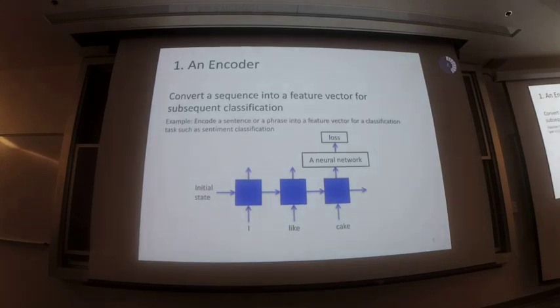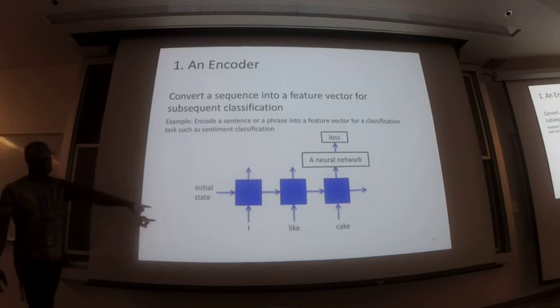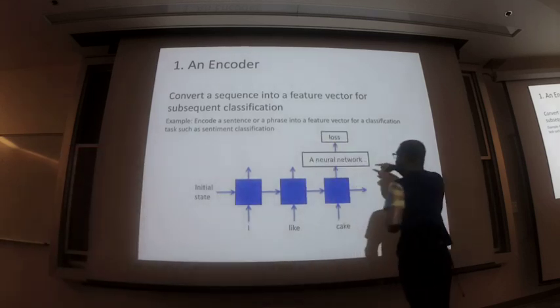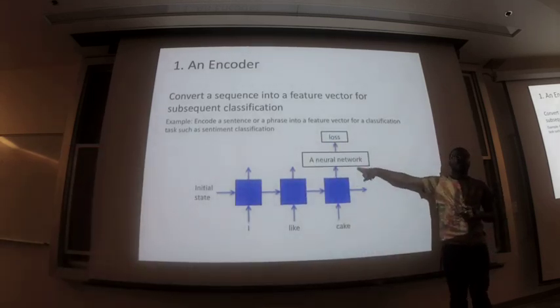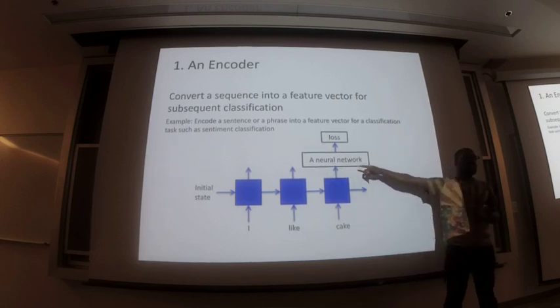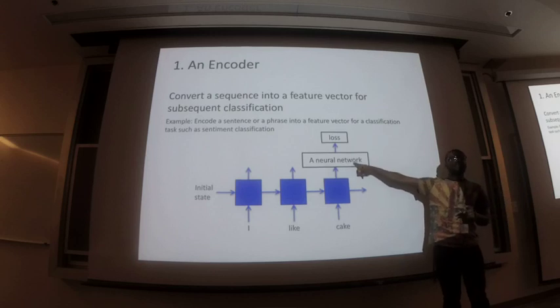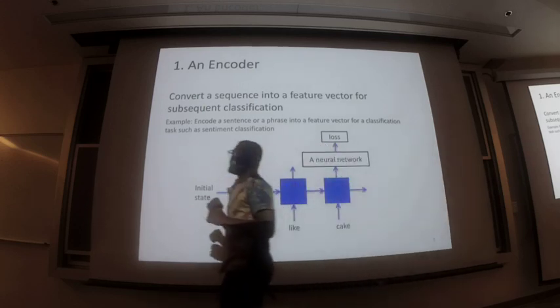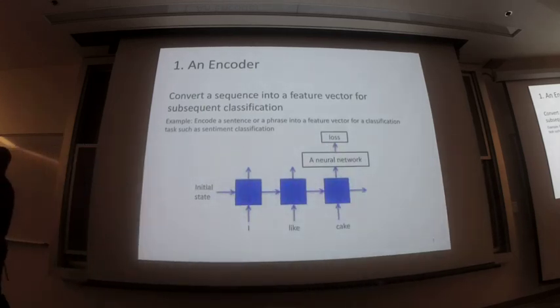So in this case, for instance, if we were doing sentiment classification, after we feed in our words, we build our fully connected layer from here. The output vector here is going to be used for the fully connected layer, then we attach our loss to it. Gotcha. So it depends on what you are doing.